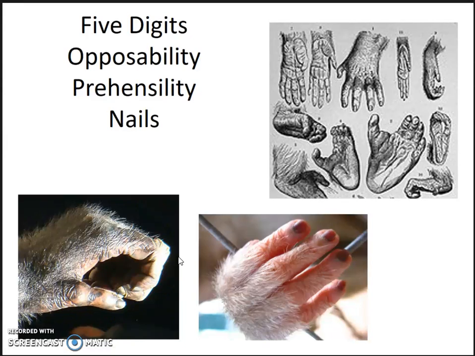That allows grasping ability. So opposability means that the thumb or the big toe can touch the other digits. Prehensility is that the fingers curve. You're seeing both of those with this chimp hand here. And primates have fingernails rather than claws. Now there is a small exception to that when we're looking at our strepsirrhines, and we'll talk about that later.